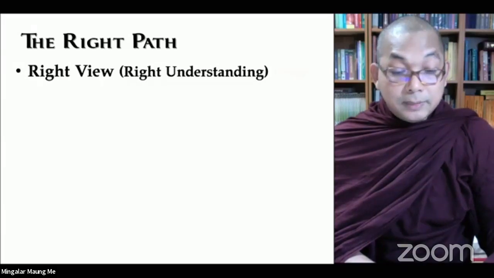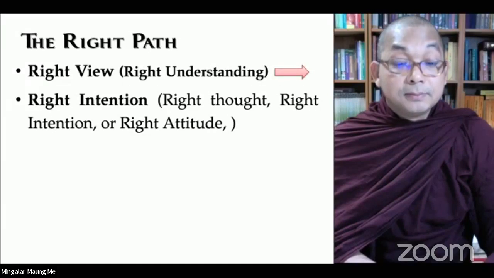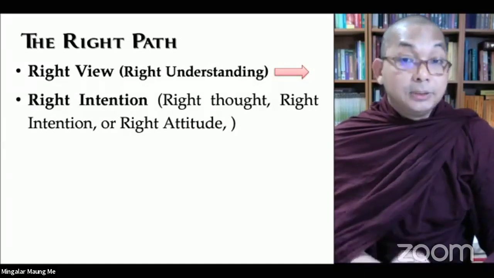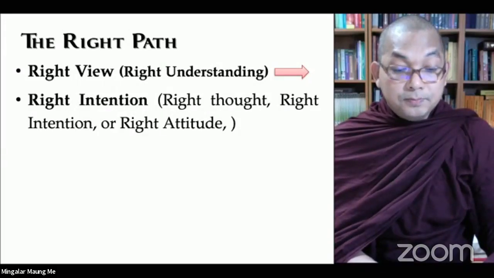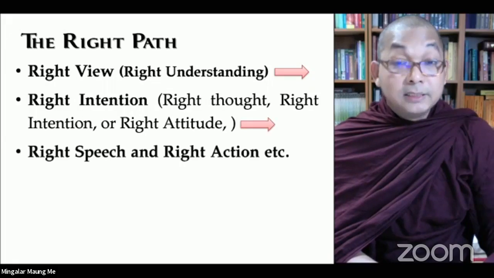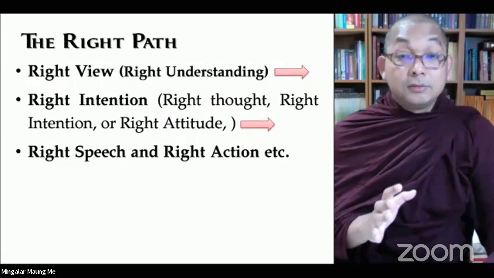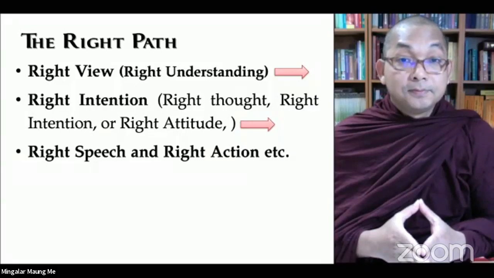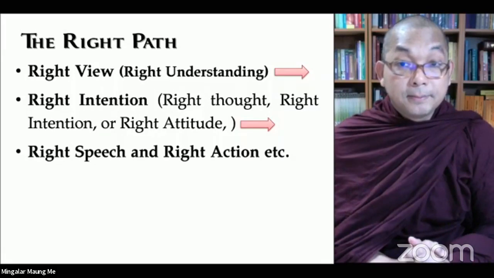Only if you have right understanding will you have right intention, right thought, right attitude. Only if you have a right attitude will you have right speech, right action, etc. So actually, the Noble Eightfold Path is very beautiful. Everything comes from right understanding or wisdom.